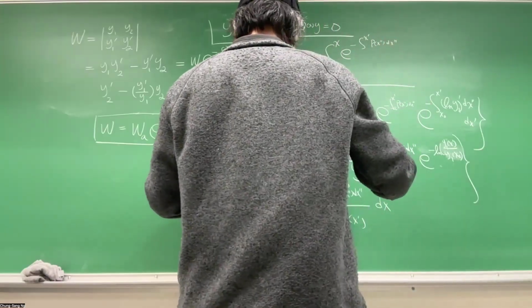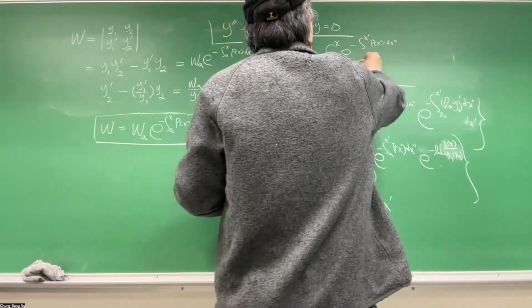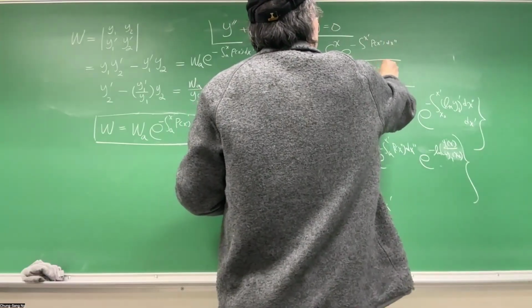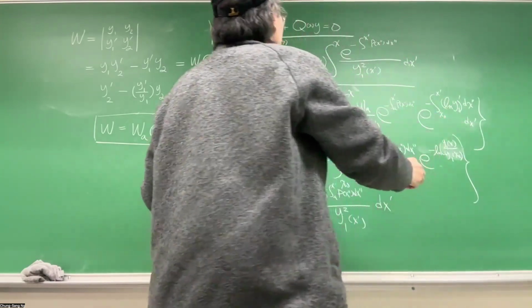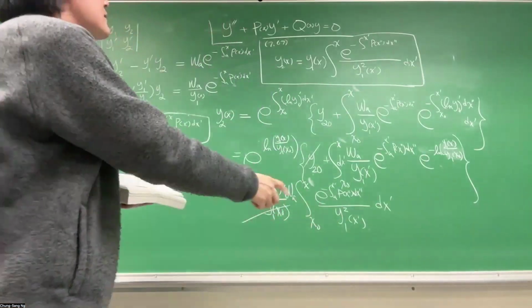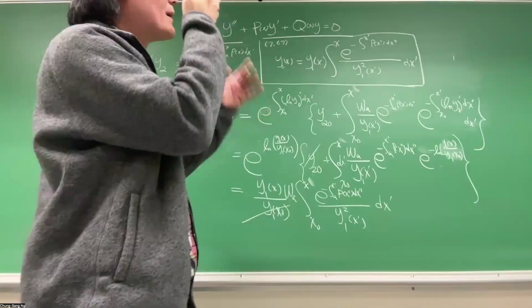Right. And then leave the lower limit as unspecified. And then y1 squared of x prime dx prime. Okay. So this is the same as this one, without all these specified constants. Is it okay?